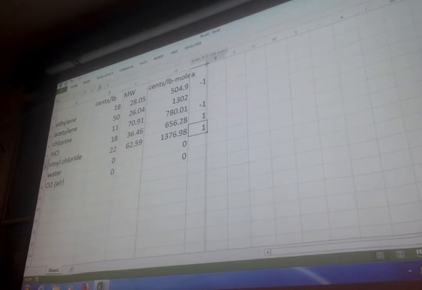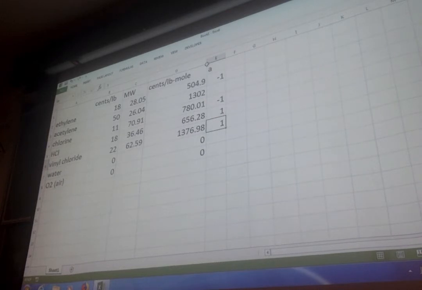Okay? And how do we calculate the gross profit? Let's write down here the gross profit per pound mole, and then we'll have gross profit per pound.